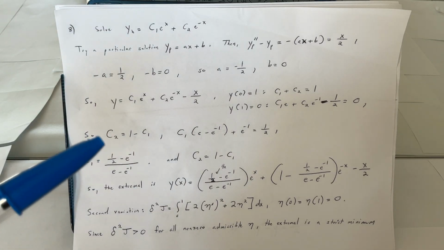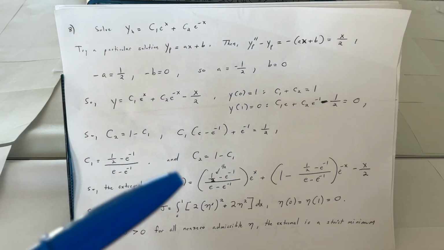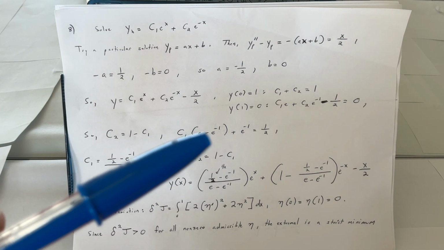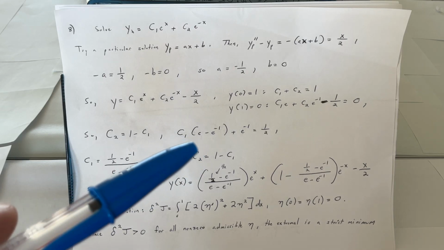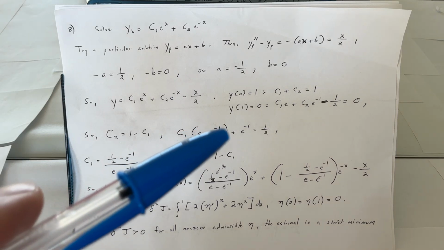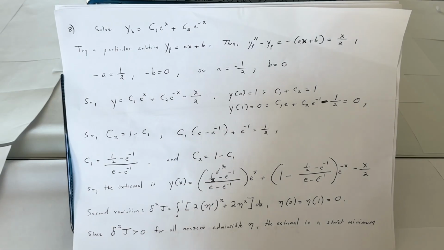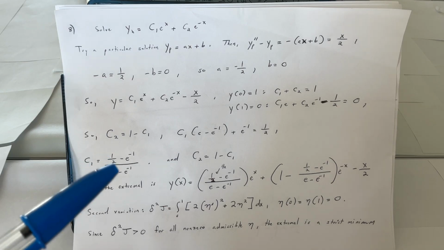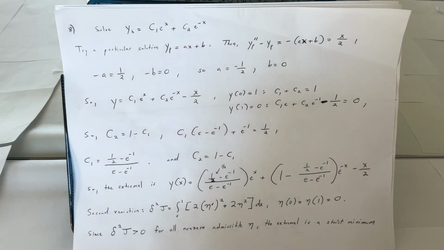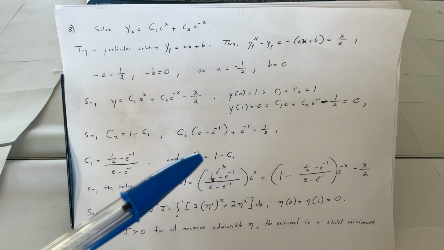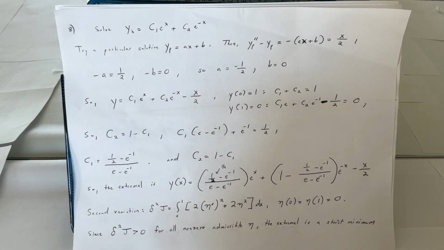So c sub 2 is 1 minus c sub 1, and then c sub 1 times the quantity (e minus e to the negative 1) plus e to the negative 1 equals 1/2. So c sub 1 equals (1/2 minus e to the negative 1) over (e minus e to the negative 1). And c sub 2 equals 1 minus c sub 1.